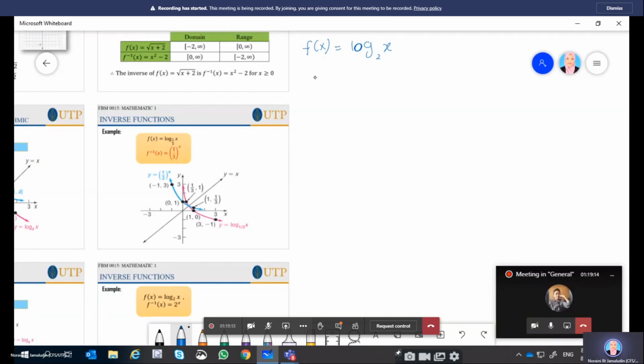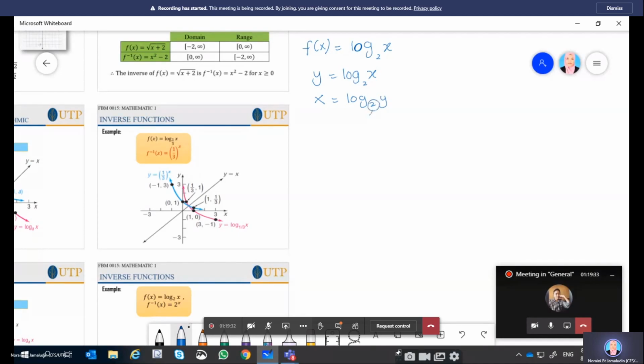So remember the steps: you have to let f(x) equal y, so y equals log x with base 2. Then switch, make x the subject, interchange x and y. And then make y the subject.